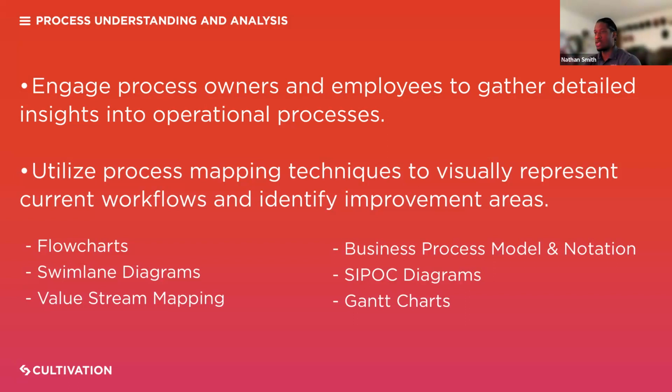So all of these different process mapping techniques are very useful in regards to the planning process, because not only are you able to understand what technologies are working well and what aren't, but you're also able to understand how the culture is going to be affected as well. What different types of processes add value to how the business is actually making money or how it's delivering value to its customers, and which ones aren't.